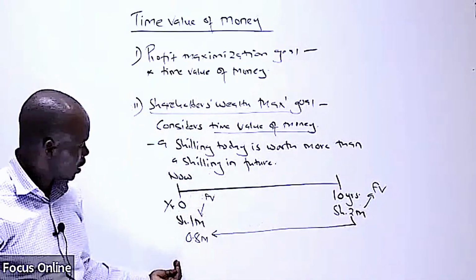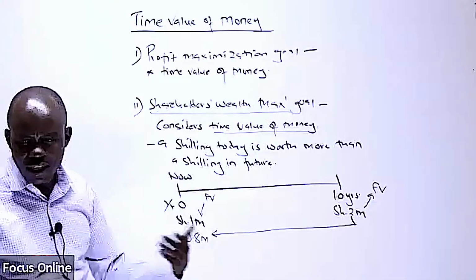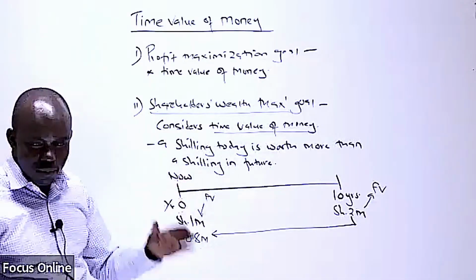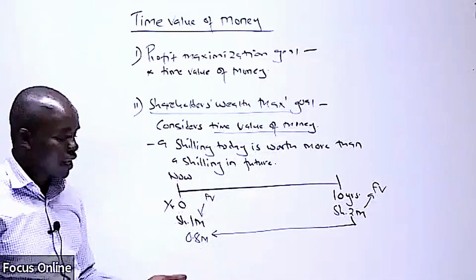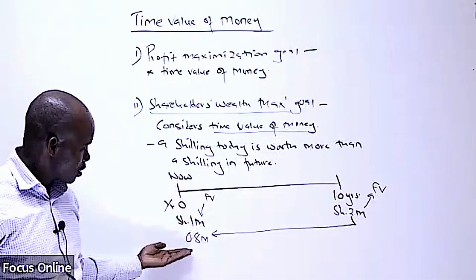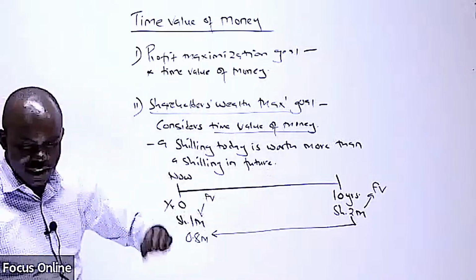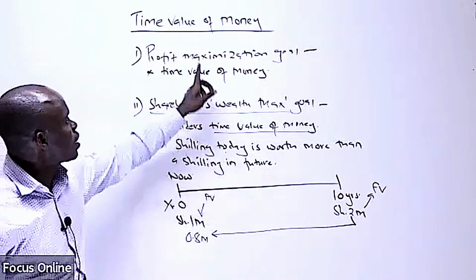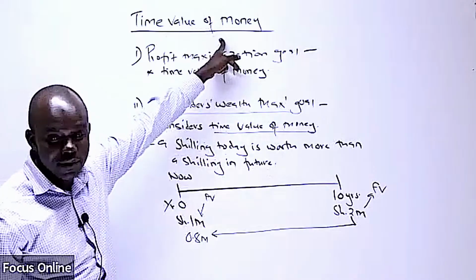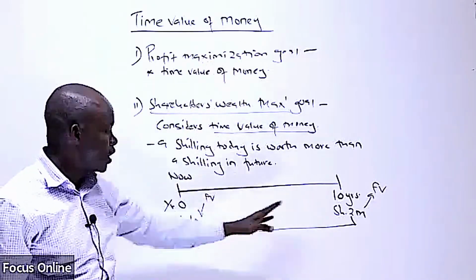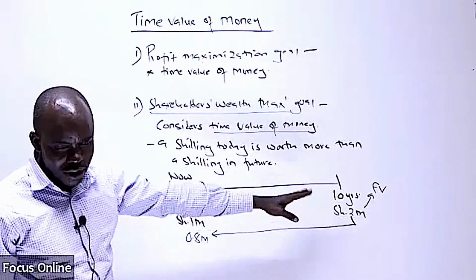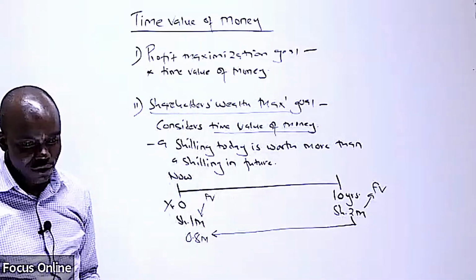Either way can work. But you must compare the two amounts in the same form, either in present value terms or in future value terms. And that is where the concept of time value of money comes in, determining either the future value of an amount or the present value of an amount.